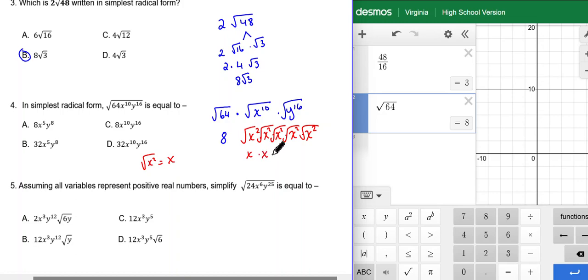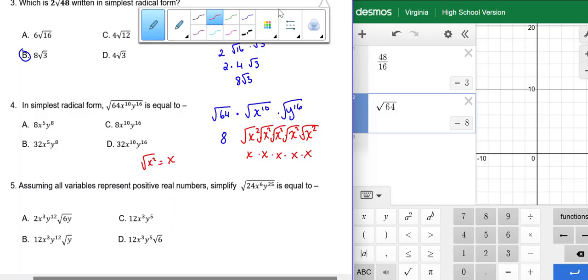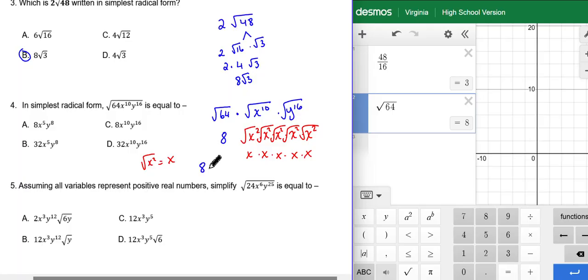This is also x. This is another x, another x, another x. Anyway, there are 5 x's underneath this perfect square, okay? So then you would say, don't worry, I will show you a much easier way to do it, but for now I have to show you what does this all mean? So there's x to the 5.